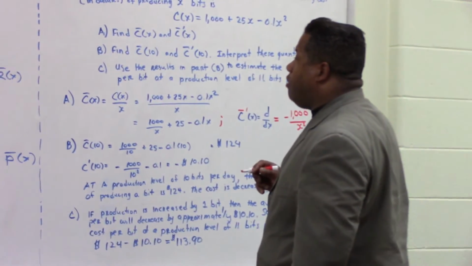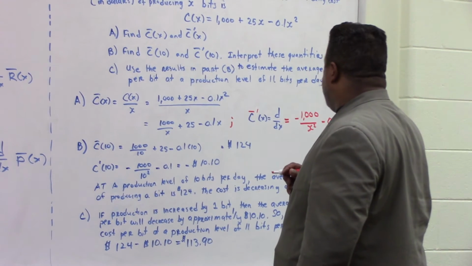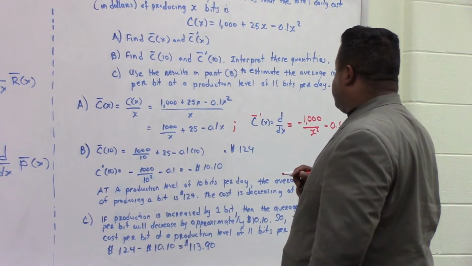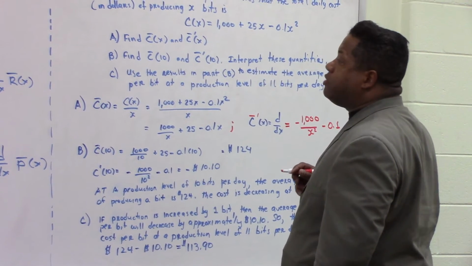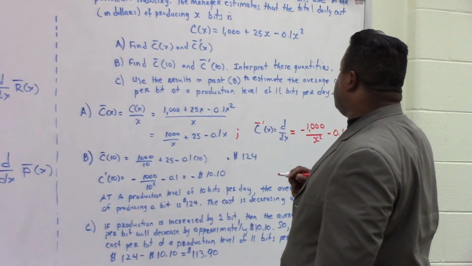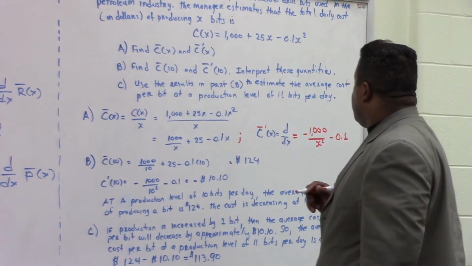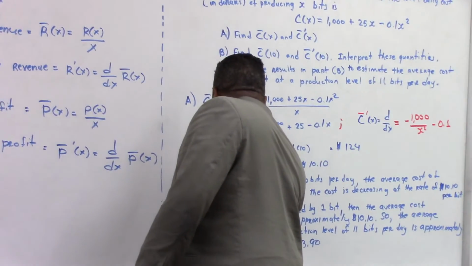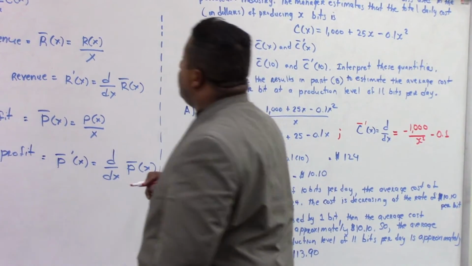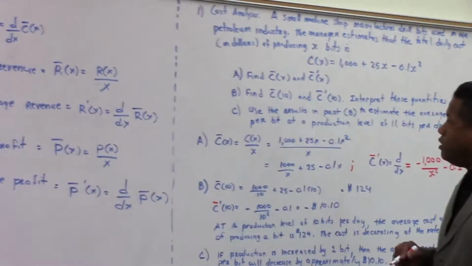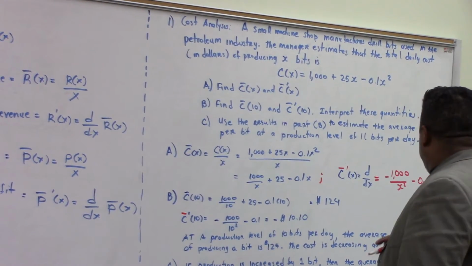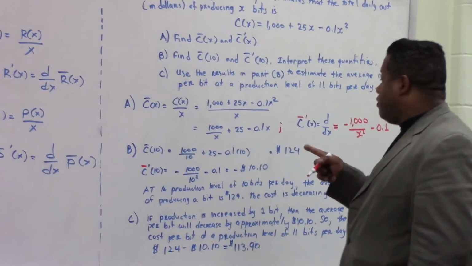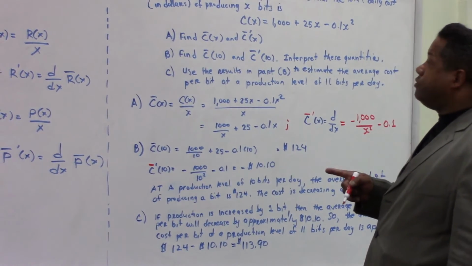So now we want to find C bar prime of 10. C bar prime of 10 is going to be this, and that's actually, like I said, the derivative of C bar.